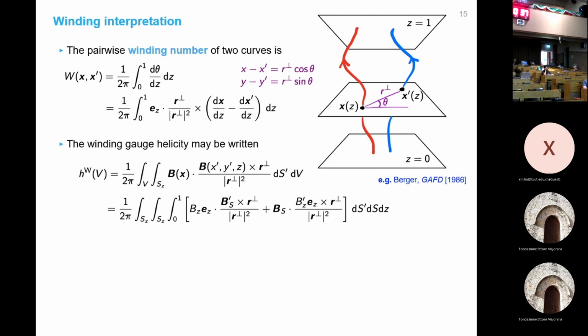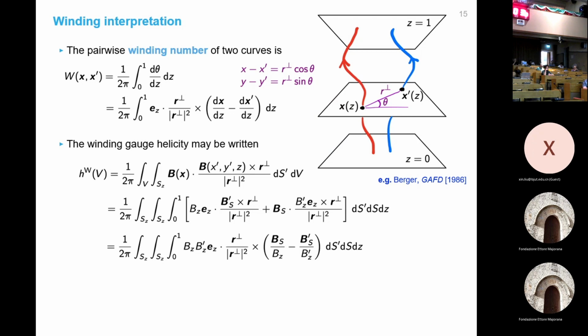You can rewrite this expression if you think of B as being BZ plus B horizontal, and you do that for both copies of B, then you get an expression something like this. Basically, the upshot is you rewrite your helicity in the same form as the winding integral. The only difference is that where you had dx by dz, you now have B horizontal divided by BZ.